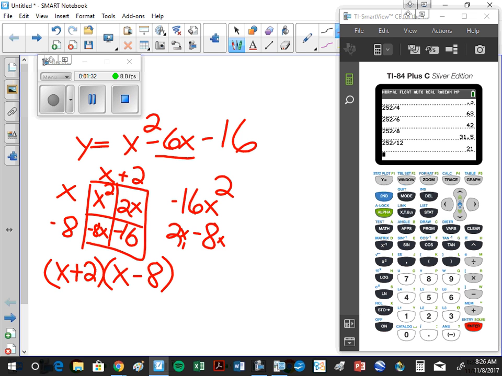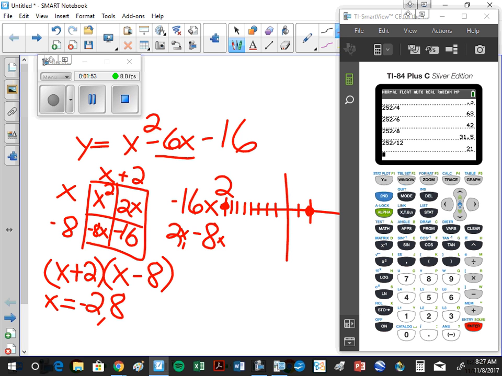What are the roots? X equals negative 2 and 8. If I graph that, we hit here at negative 2 and here at 8.